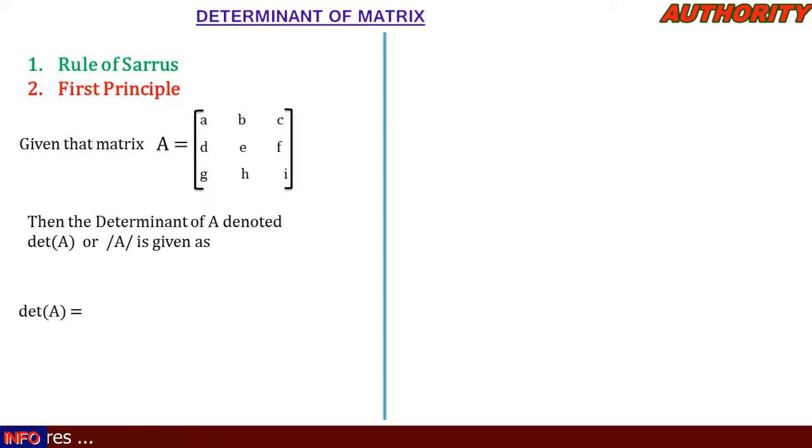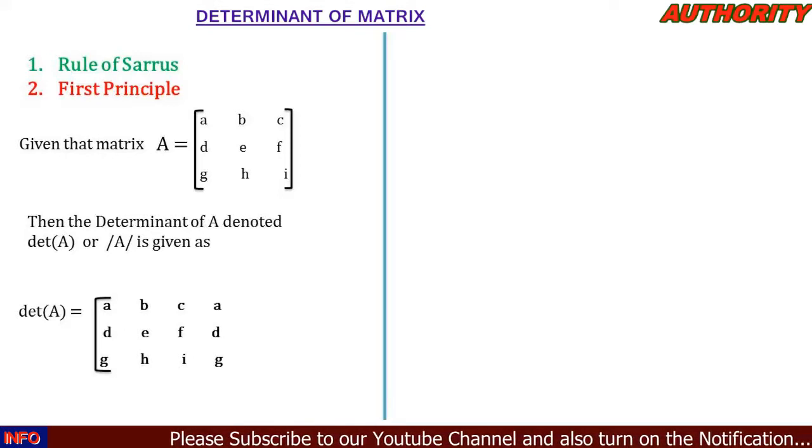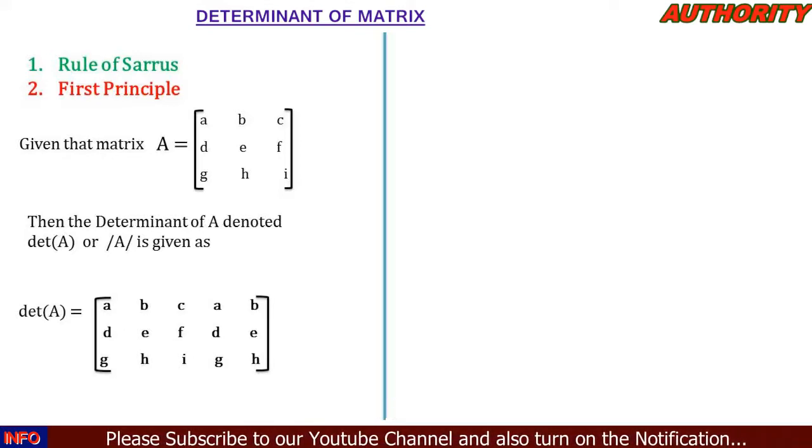We are going to write this matrix the way it is: the first column, the second column, the third column. Rewrite the first column as the fourth column, and then rewrite the second column as the fifth column again. You get it?